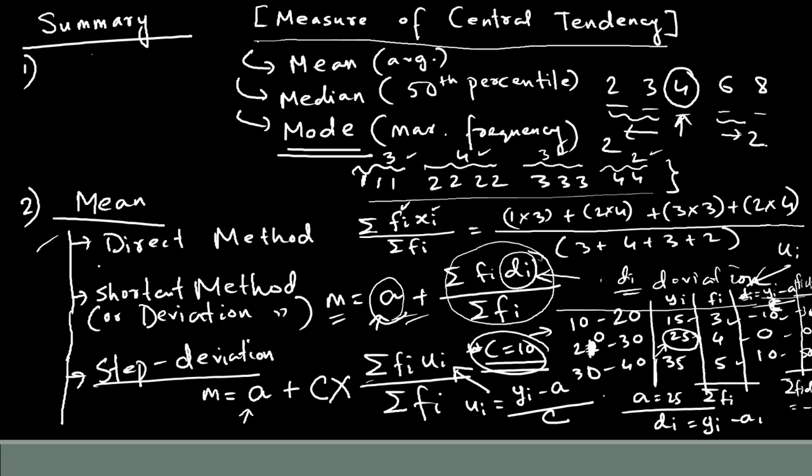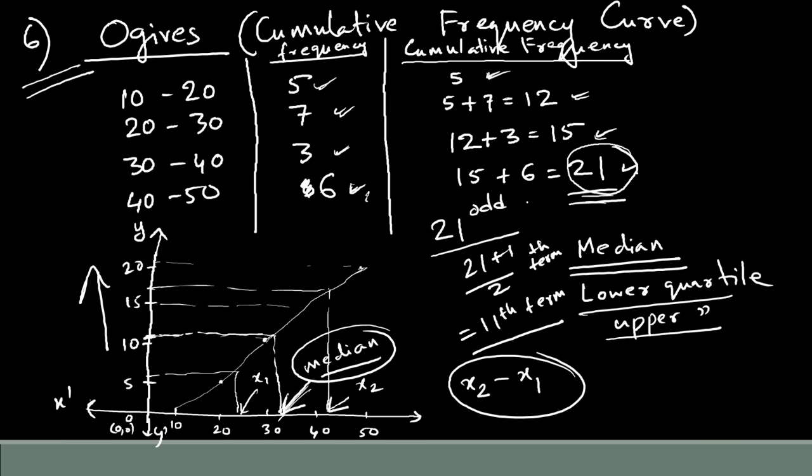You have to find mean through three methods: direct method, shortcut or deviation, step deviation, and that is it. Okay, having said that, now we will go down deeper into problem solving. Okay, let's get down to that.